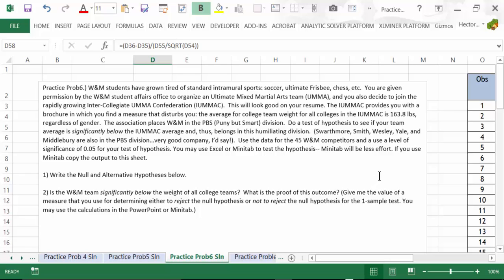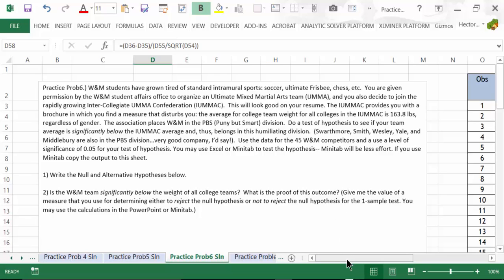We look at our members of our team and we calculate a value, and it'll be below that. It'll be 153, I believe. So we're going to see if we believe from a hypothesis testing point of view that William & Mary is different from the typical college team weight.